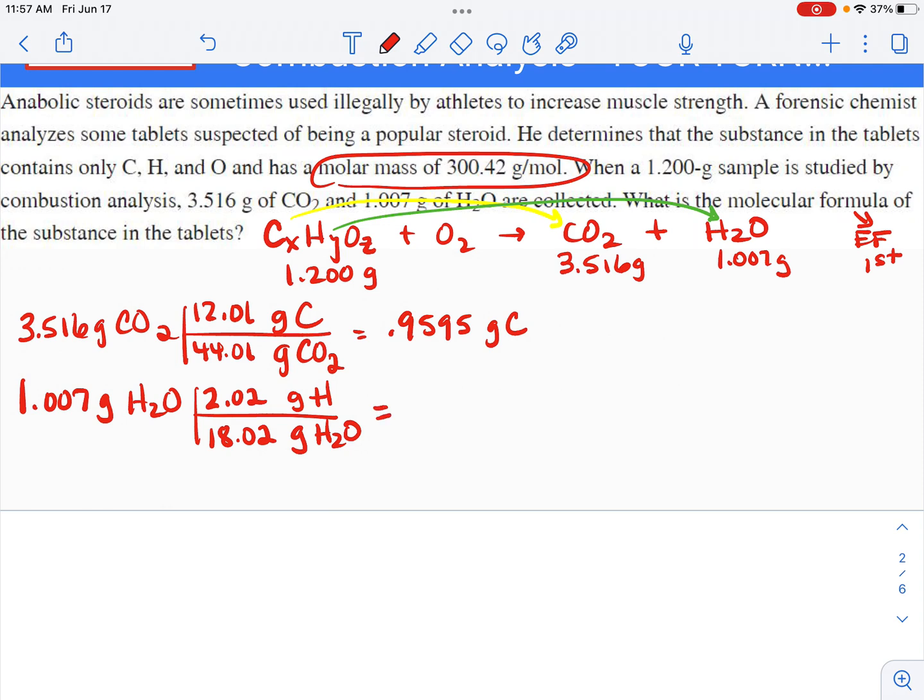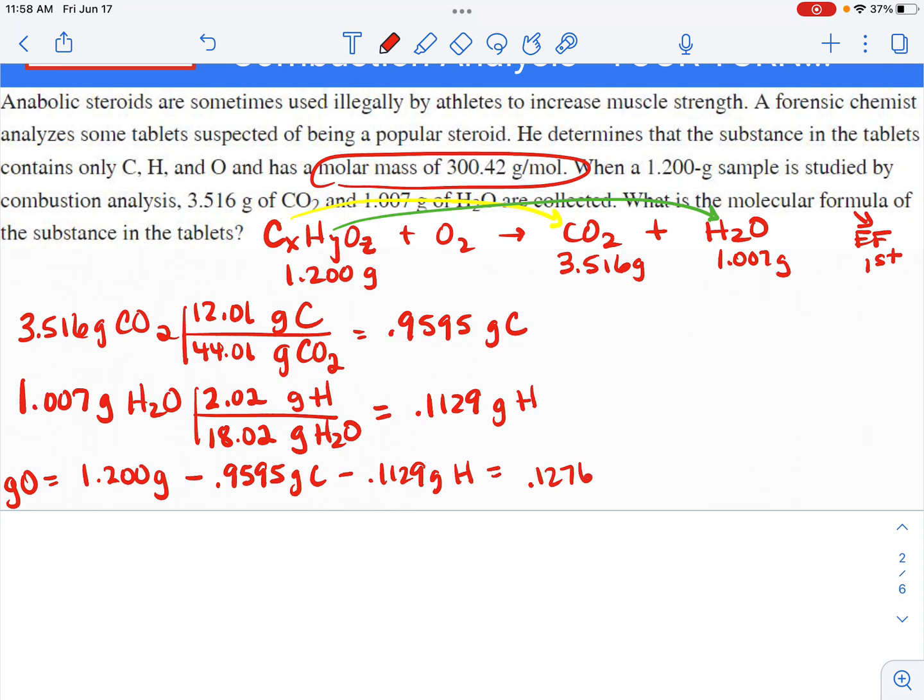This is one place where you might have made a mistake. So this would be 0.1129 grams of hydrogen. And then to find the grams of oxygen, I need my initial mass, which was 1.200 grams of compound, minus the 0.9595 grams of carbon, minus the 0.1129 grams of hydrogen, and that gives me 0.1276 grams of oxygen.